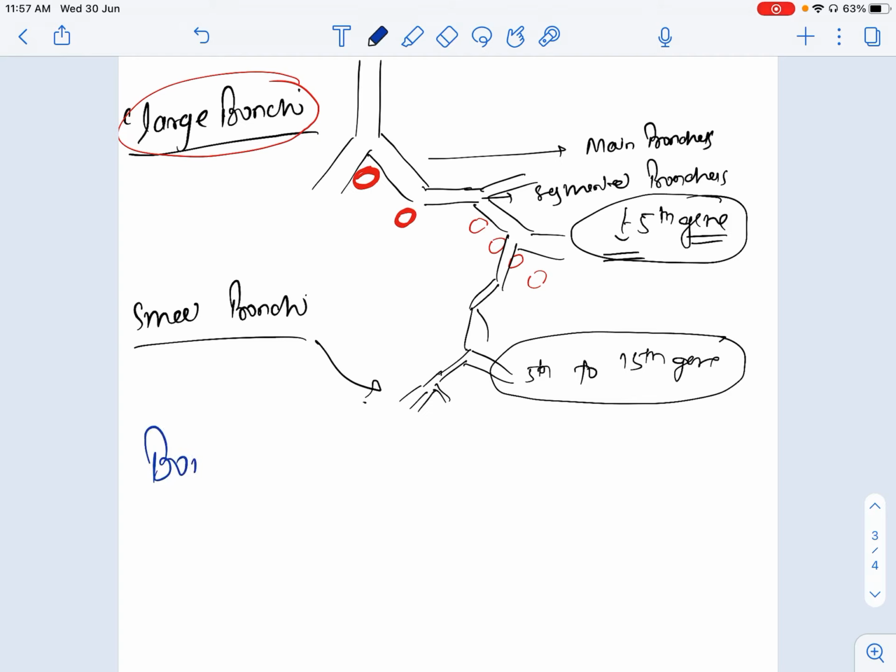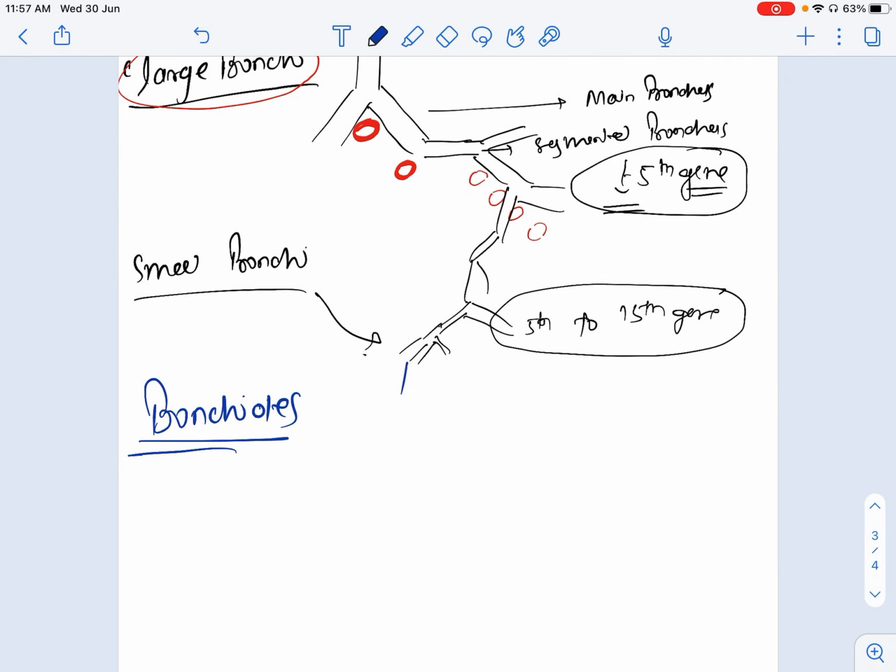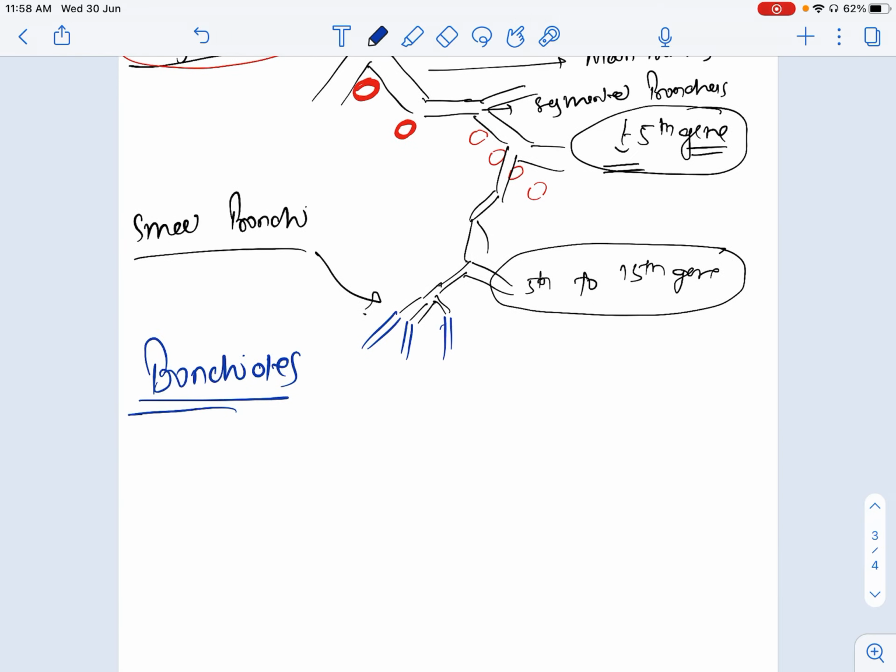We call them bronchioles, and they do not contain cartilage at all. These bronchioles continue for another 10 generations.